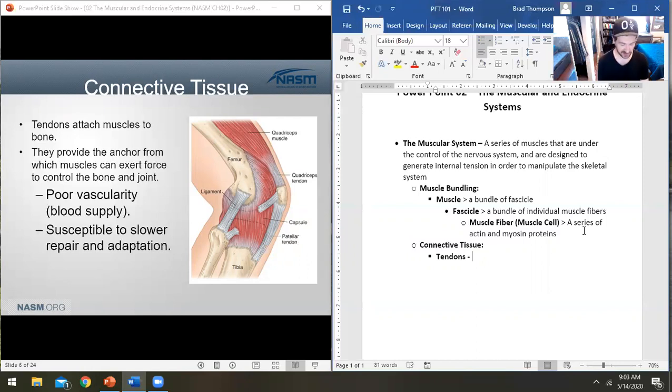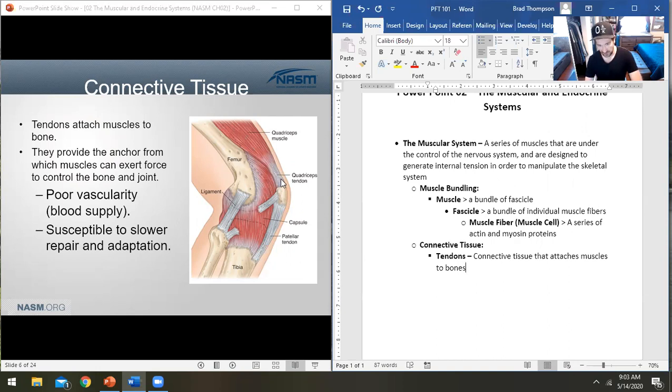So your tendons, by definition, are connective tissue that attaches muscles to bones, right? Your muscles are going to end in a tendon, right? And you can see we draw that in white here because it again gets less blood flow, so it's not as saturated with red blood cells.